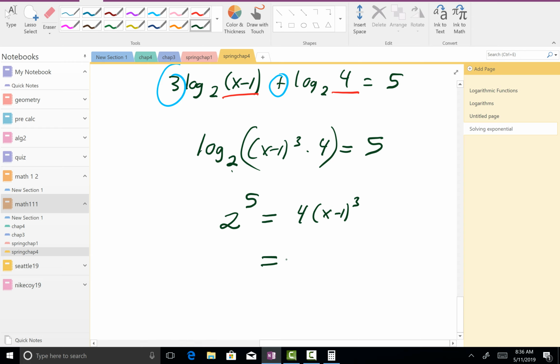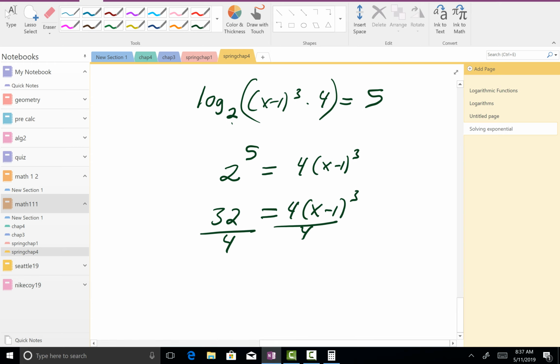And now it's just a matter of just kind of working on it and solving it. See, I really don't want to cube this out, because this is going to be a mess. I mean, if I cube that out, it's going to take me a while to do the problem. So as long as I don't have to do that, I'm going to stay away from that.